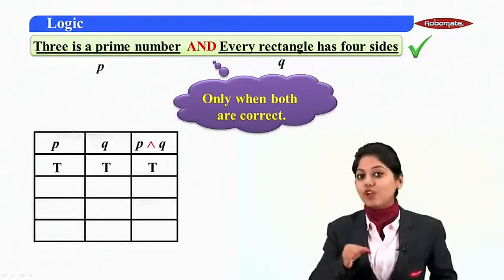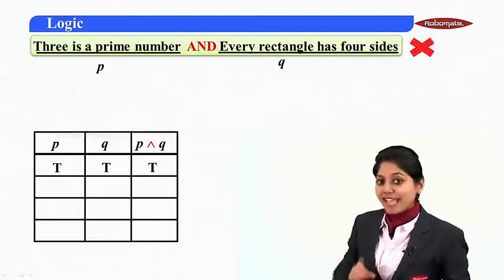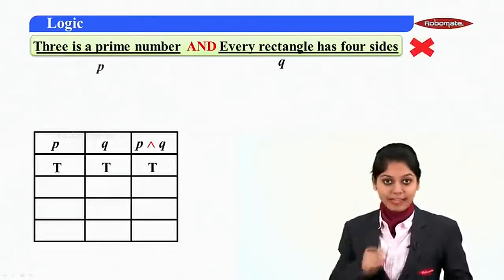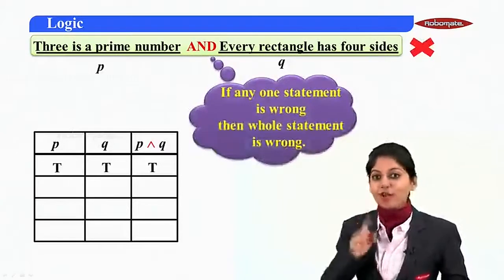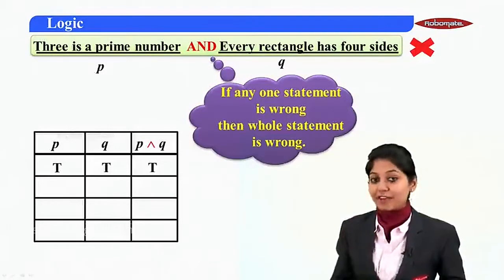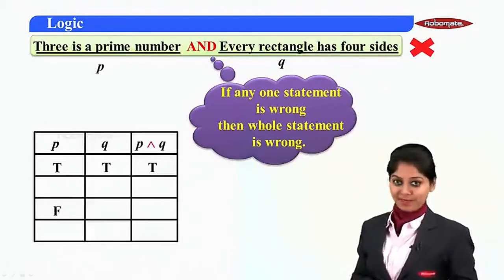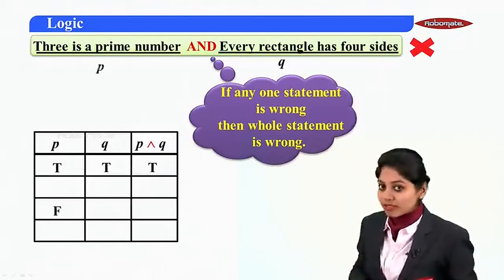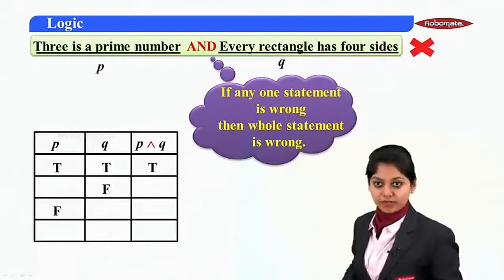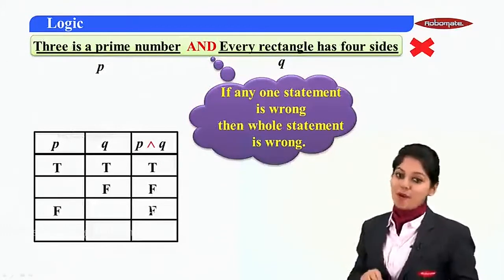Now class, we'll talk about the next combination. The next combination says the statement can be wrong when any one of the statements is wrong. That means the statement can be false when any one of the statements is false. It can be P to be false, it can be Q to be false. So that means our statement will be false.